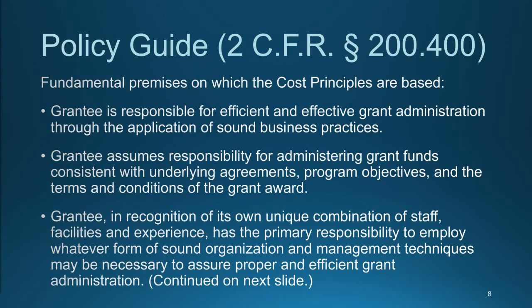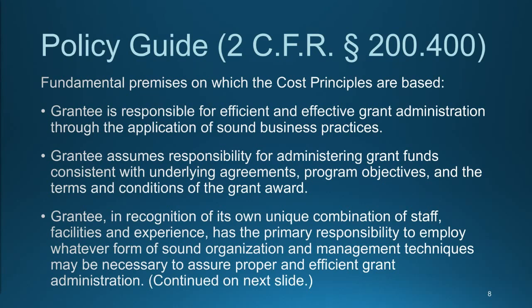So the first of those is that the grantee is responsible for efficient, effective grant administration through the application of sound business practices. So with respect to allowability, one of the things that we think about is improper expenditures. And that's not only relating to compliance, that's also relating to wastefulness. And efficiency kind of goes hand in hand with that.